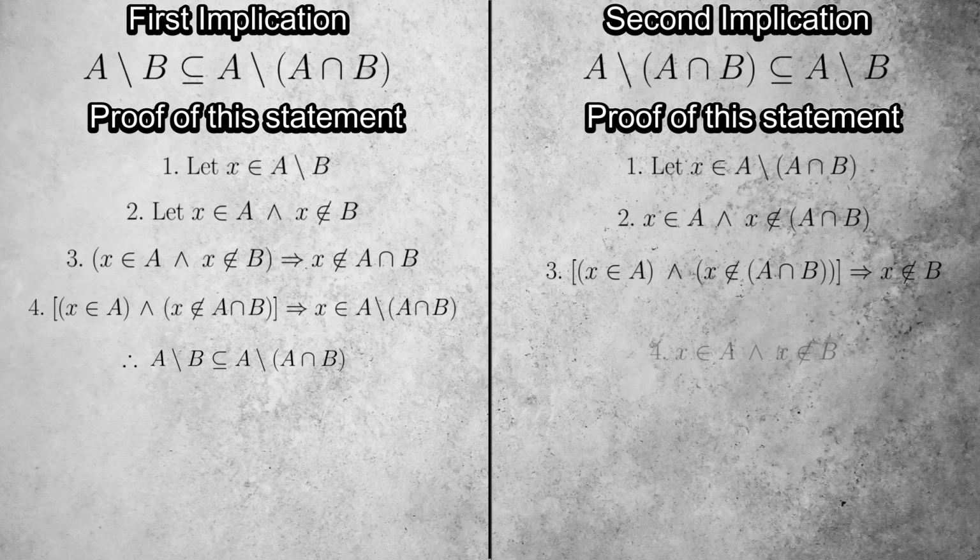So we can conclude that X is an element in A that is not in B, but this is actually the definition of difference between A and B.